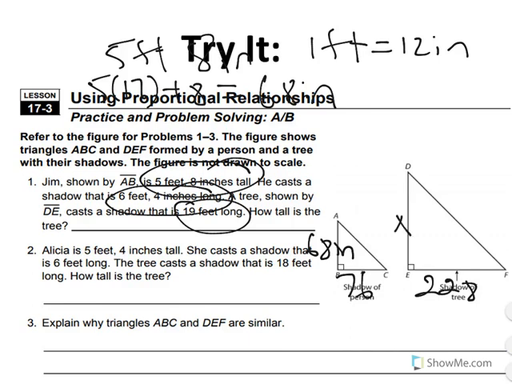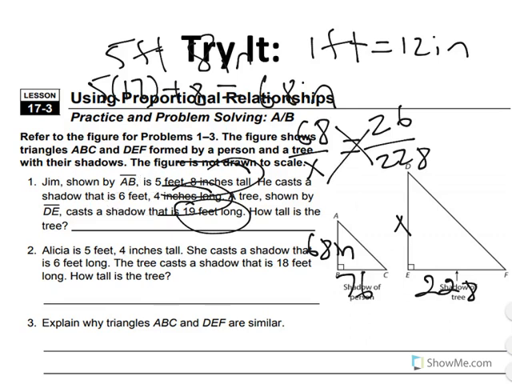So to find the height of the tree, which is from D to E, call that X, so then we can use proportion. So we have 68 over X equal to 76 over 228. Okay, and from there use our cross product. So I'm going to erase this part.